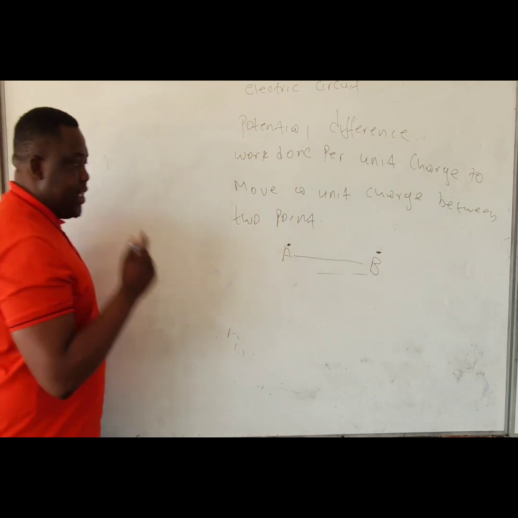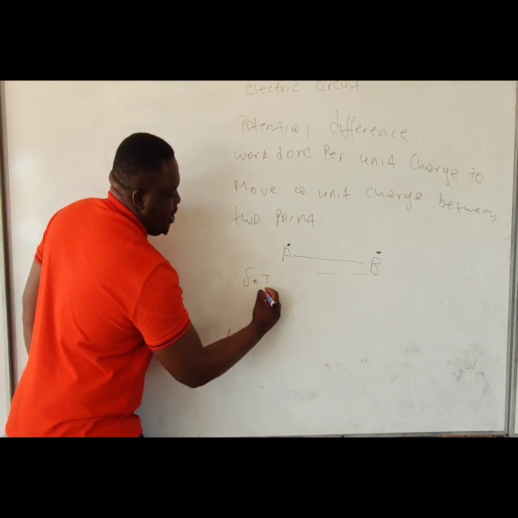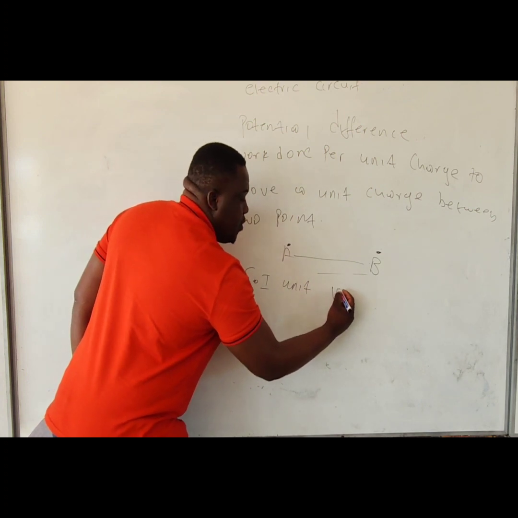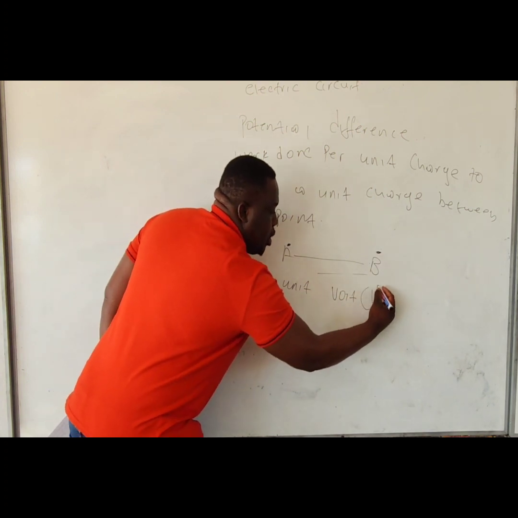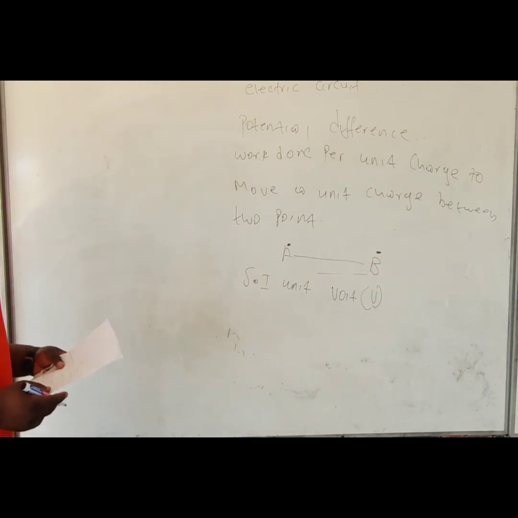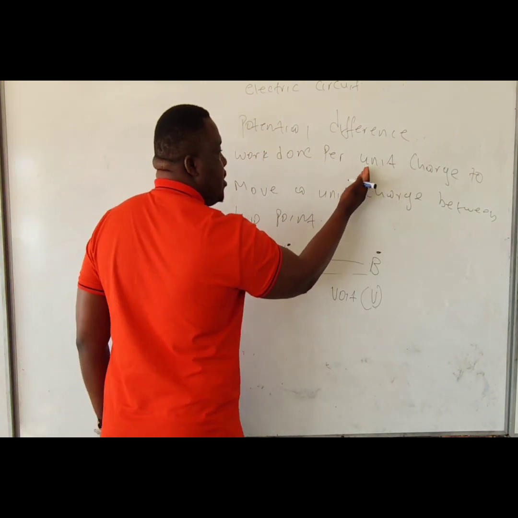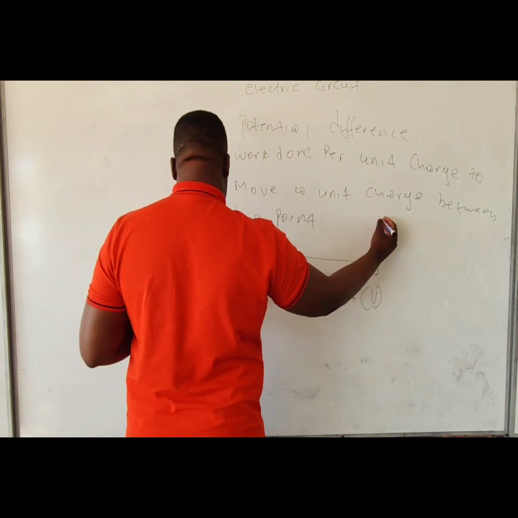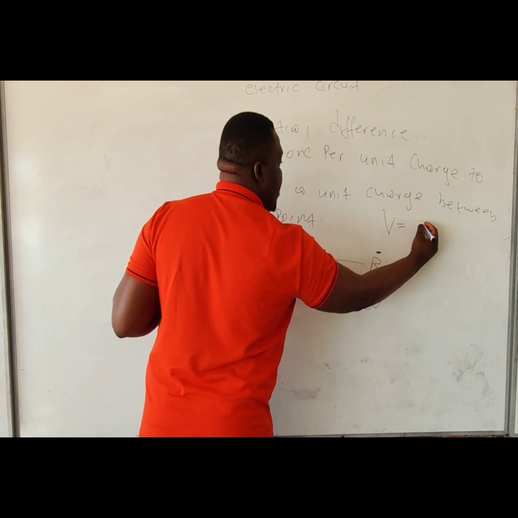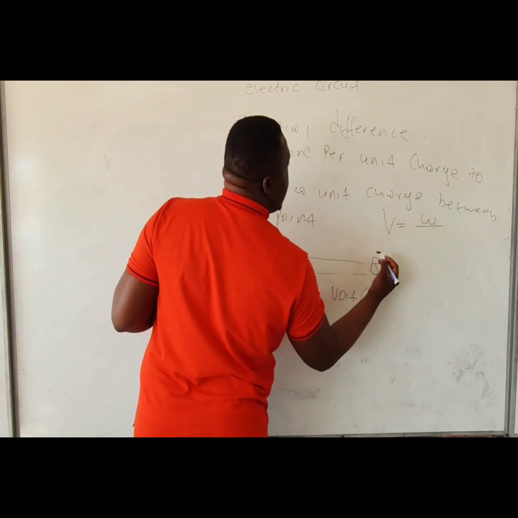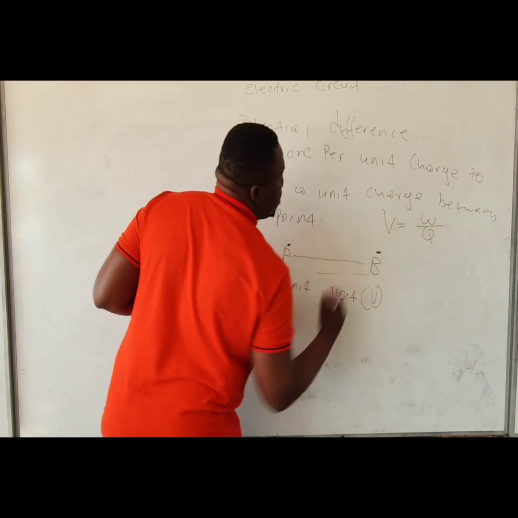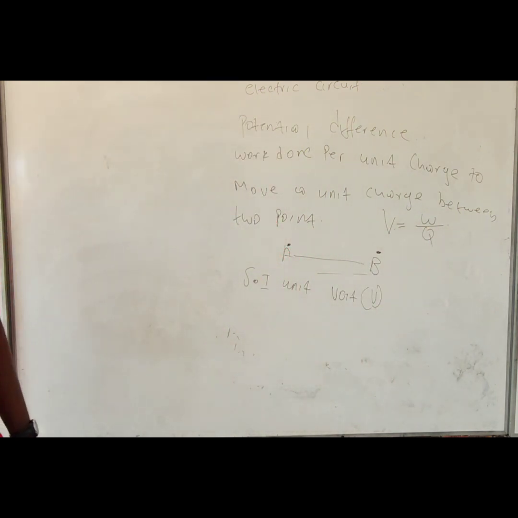The SI unit for potential difference is the volt, and we represent it by the symbol V. Mathematically, we can write that V, the potential difference, is equal to the work done divided by the unit charge. You can simplify it in that way.